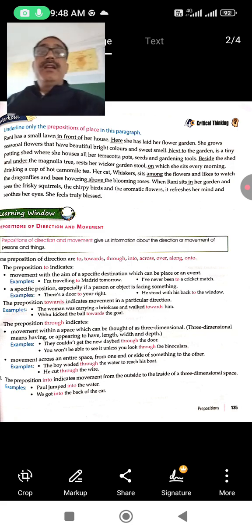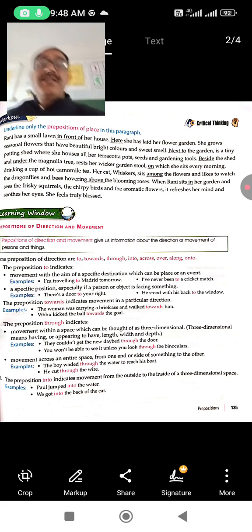When Rani sits in her garden, you will underline in, and she sees the frisky squirrels, the chirpy birds, and the aromatic flowers. It refreshes her mind and soothes her eyes. She feels truly blessed.